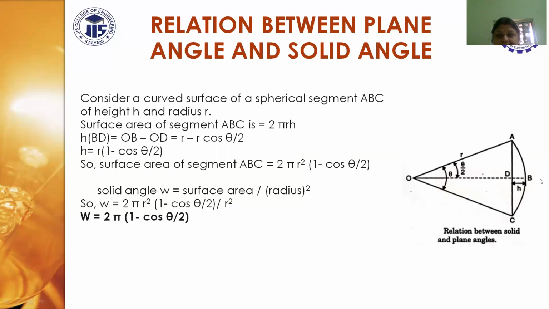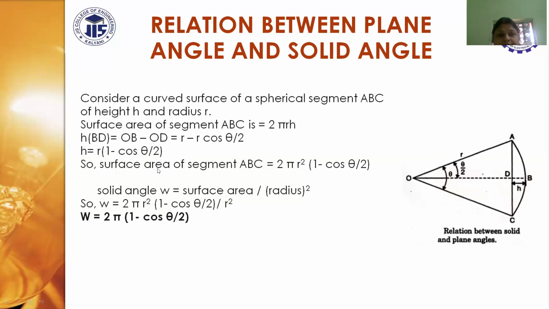Now h equals BD and BD equals OB minus OD, right? So OB equals R and OD equals R into cos theta by 2, because here theta by 2 angle is present and the horizontal component of OD is R cos theta by 2. So h equals R into 1 minus cos theta by 2, because R is common here.